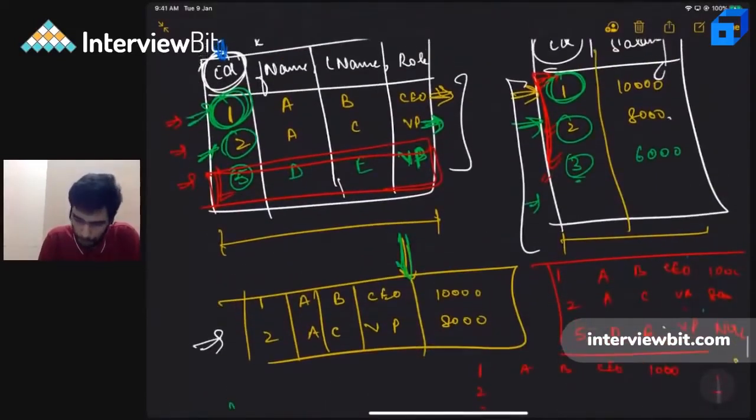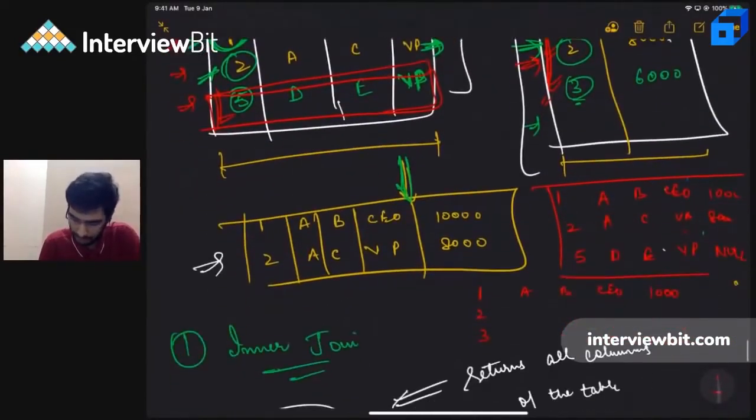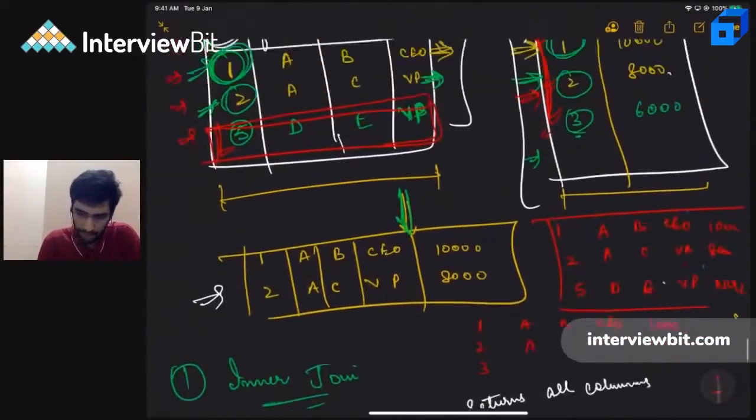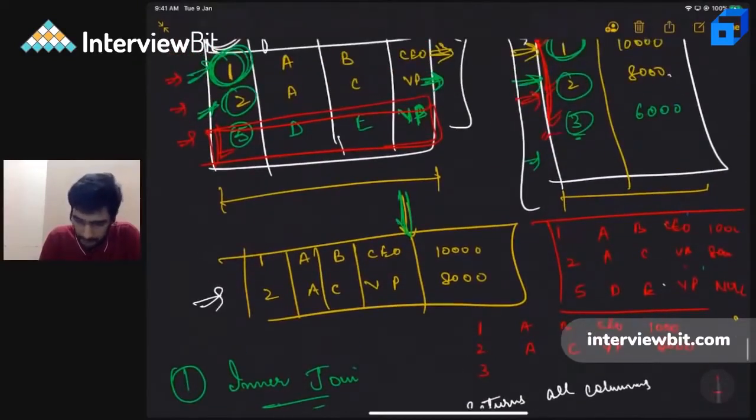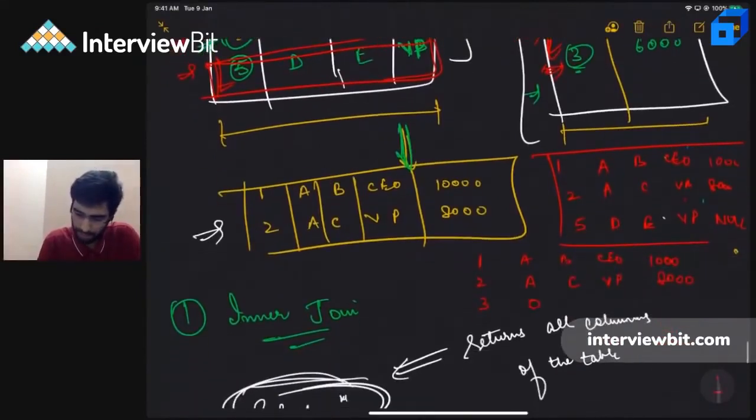For 2, I also know everything: his name is A, his surname is C, it is a VP, and 8,000. But there is a person 3 whose first name and last name I don't know. So I will return null, null, null, and 6,000. So this is a right join.